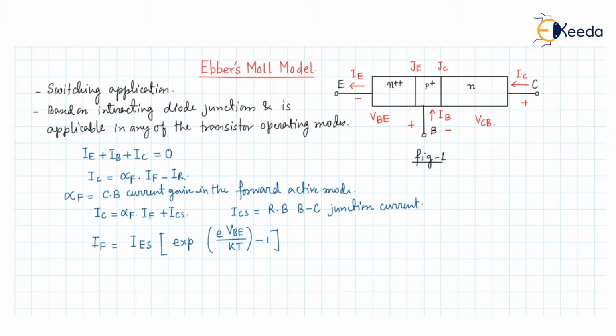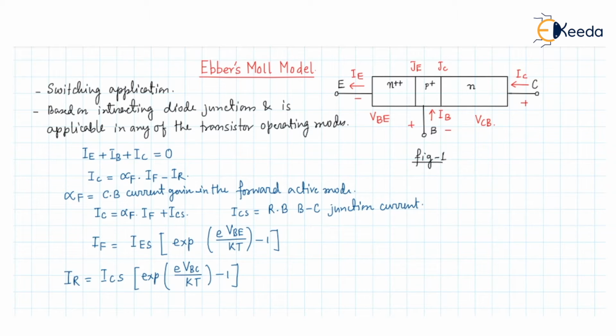This is the forward current. Similarly, the IR current can be written as ICS into exponential of e VBC divided by KT minus 1.